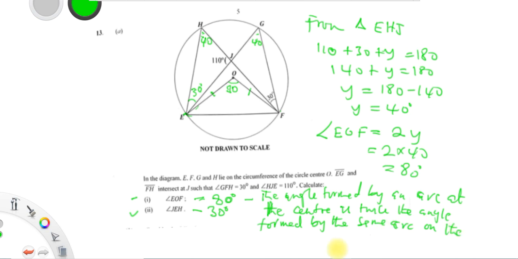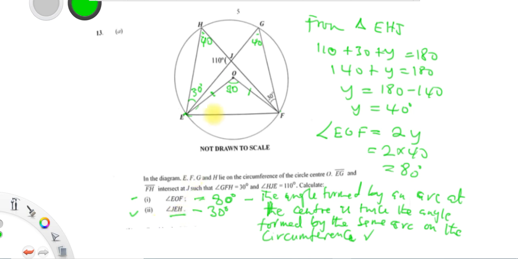Guys, this is how to state it before you start writing and solving. That's what you are applying on the circumference. You have to state that. It's very, very, very important. This is the theorem you are using, so let the marker know. That shows that you have really gotten understanding.